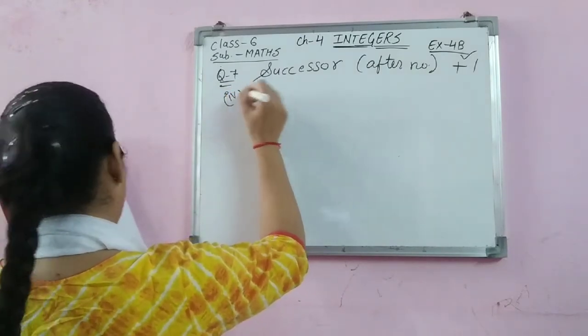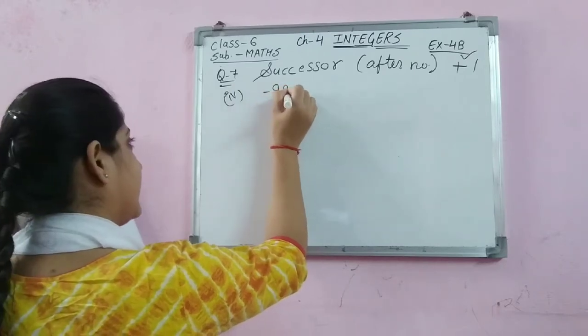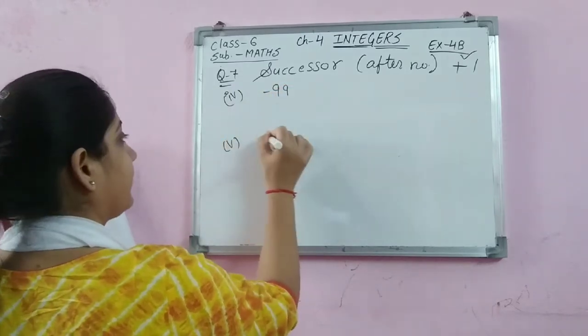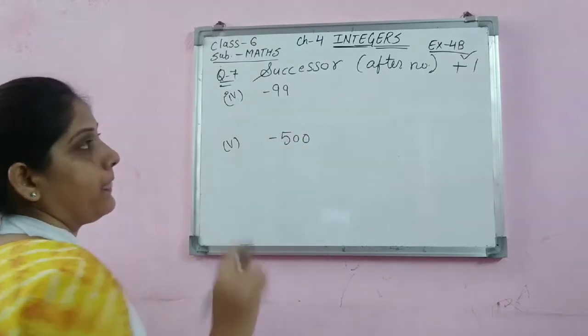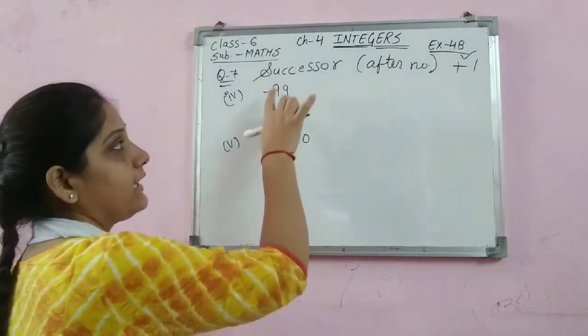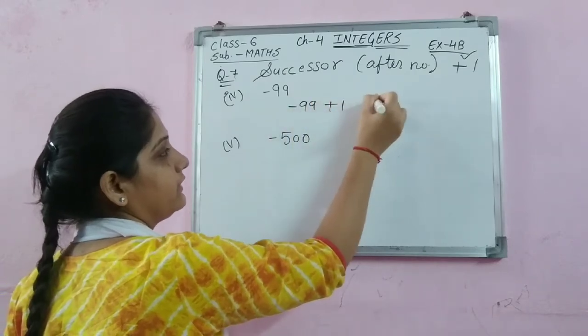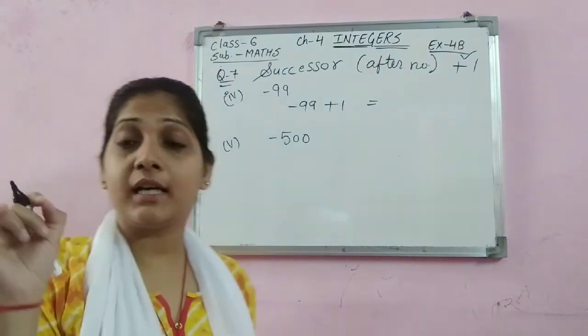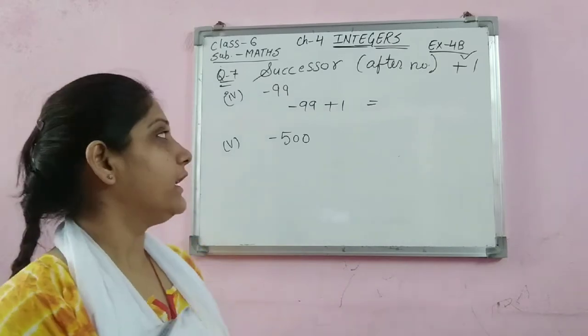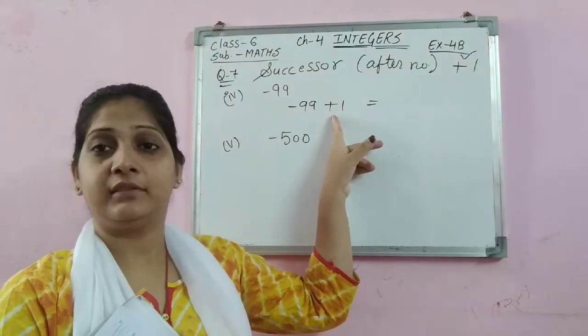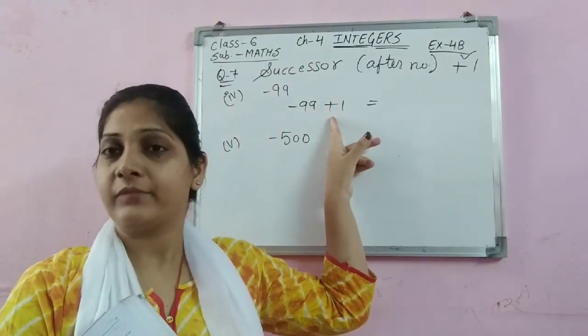Like fourth one I am taking negative 99 and fifth one negative 500. So if I am finding its successor, I have to add 1. Negative 99 plus 1. Now use the rules of addition. If signs are different, we have to subtract.